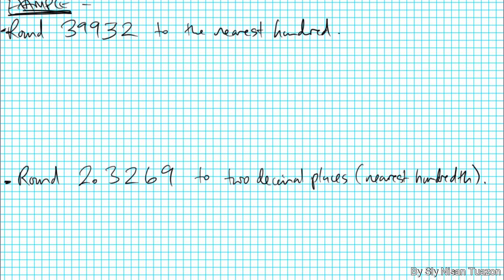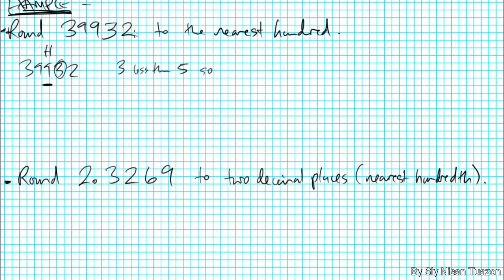So rounding 39932 to the nearest 100. Hundreds are here. This is what I'm interested in. So I have to look at the number after it. 3 is less than 5, so that means I don't change the number in that column, make the rest 0.